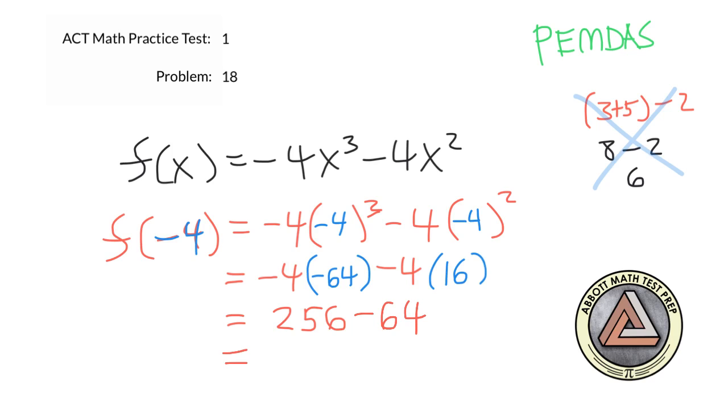And then finally, the answer is just 256 minus 64. Looking at the answer choices, what do we have? That would be 192. And that is J. Boom. That's how you do that one.